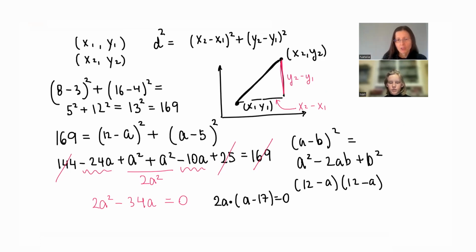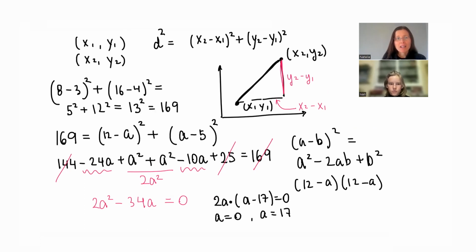So we have 2 factors and the result is 0, which means we will have 2 solutions. If 2a is equal to 0, then a must equal 0. So one solution is a equals 0. And the other is if the inside of the parentheses is 0, so a equals 17 is the second solution.